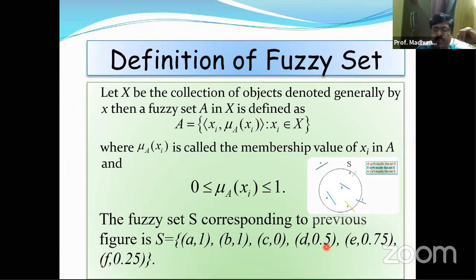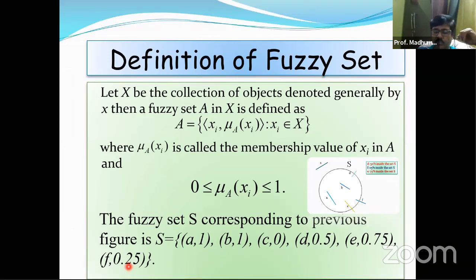D is 0.5, meaning D is a 50% member, E is a 75% member with membership value 0.75, and F is a 25% member with membership value 0.25. This is one kind of representation of a fuzzy set.